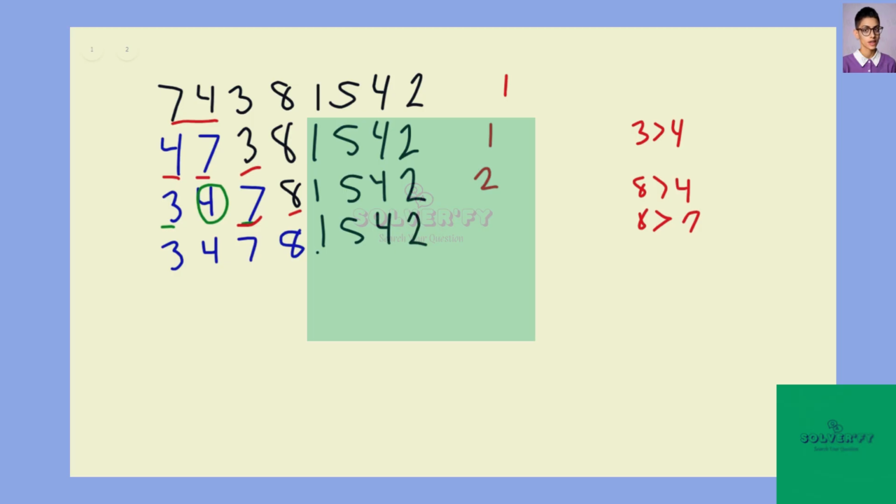Okay, so then we'll take the 1. And we're going to do the same thing here. So we take our range of indexes, this time it's 1 to 4, add them up to get 5, divide by 2 to get 2.5. We want the floor of that, so we're going to compare it to the 4 here. And so then we ask ourselves, is 1 greater than 4?